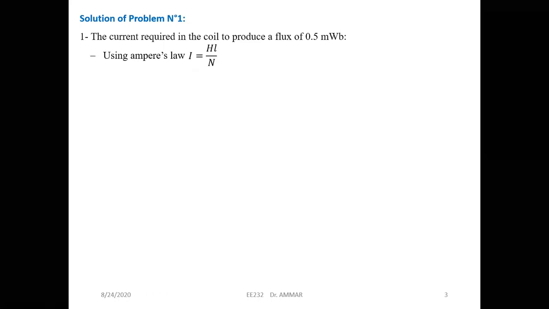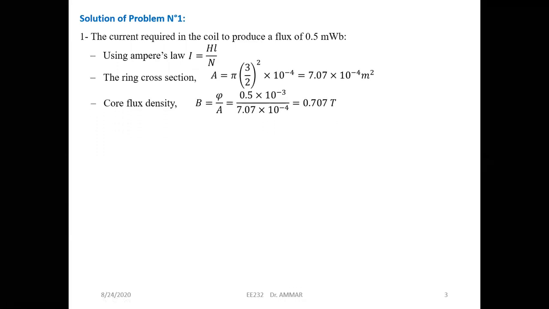Of course, I is equal to HL over N. Here, H is the quantity that is not given. So we can determine H graphically from the magnetizing curve after we find B. B, of course, is the flux density, which is phi over A. And the required flux phi is 0.5 times 10 to the power minus 3.